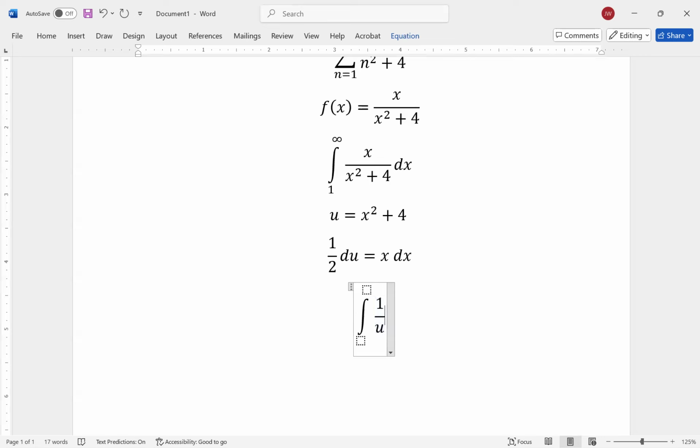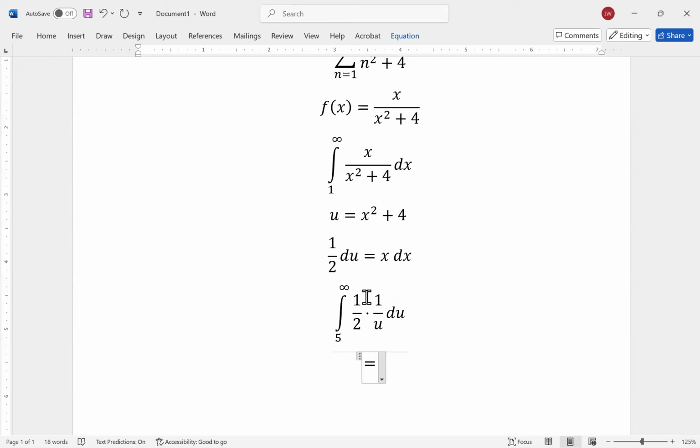So I got 1/2 times 1 over u du. Now the bounds with respect to u, if x goes from 1 to infinity, then u actually goes from 5 to infinity. That's not important, at least not at this point.